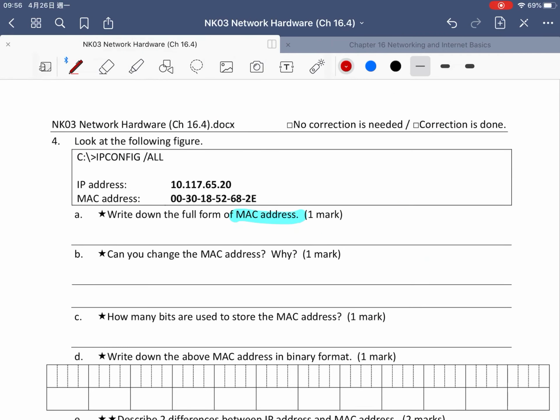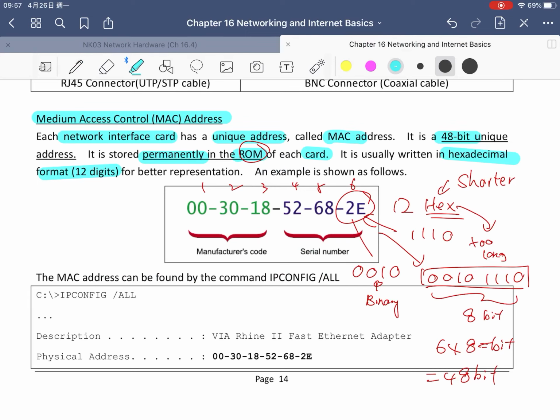So look at the question. The full form of the MAC address should be medium access control address. Can you change it? Why? Looking at the question, because the MAC address is stored in the ROM, you cannot change it.